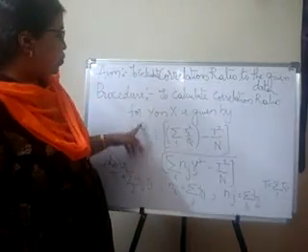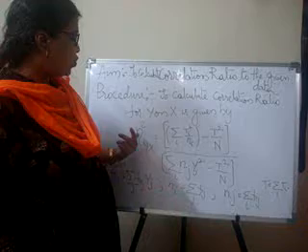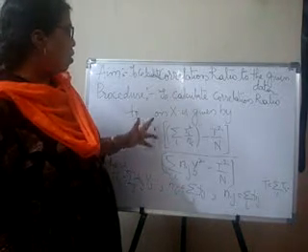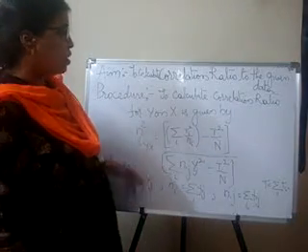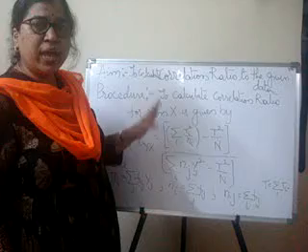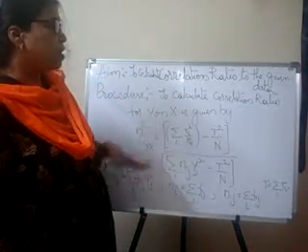Nu squared yx is the correlation ratio, and it is given by this formula, with each term defined. Now we have to do the calculations.